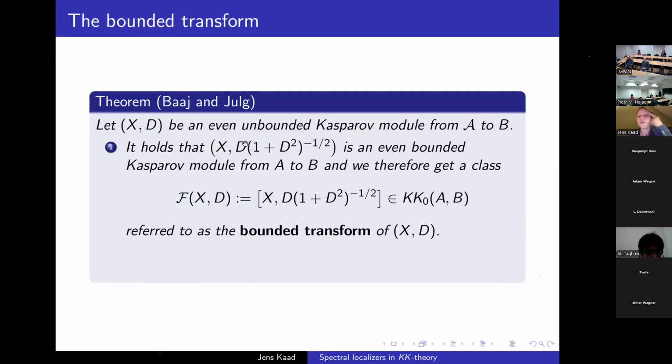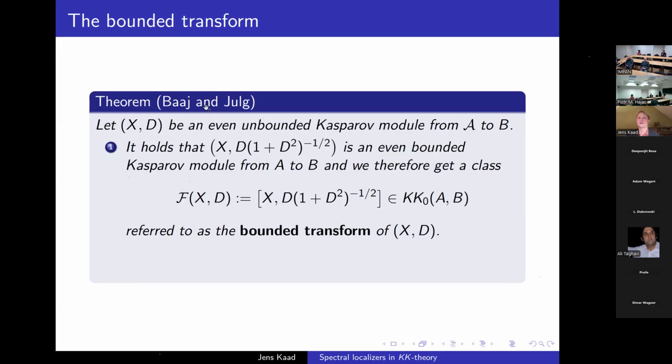The thing you do is that you keep the same C star correspondence as you had up here. And then you construct a bounded self-adjoint operator out of your abstract Dirac operator. This bounded self-adjoint operator is called the bounded transform of your abstract Dirac operator. It's capital D times (1 plus D squared) to the power minus 1/2.